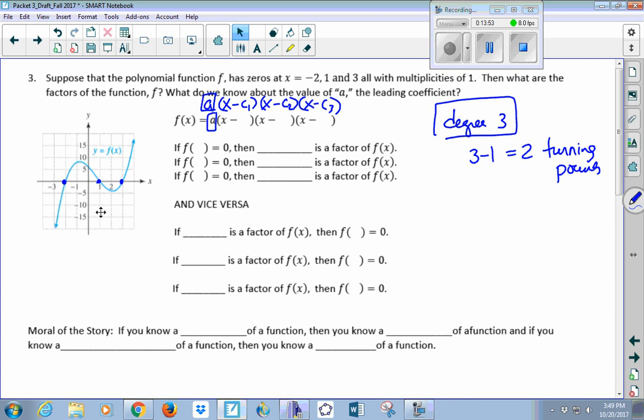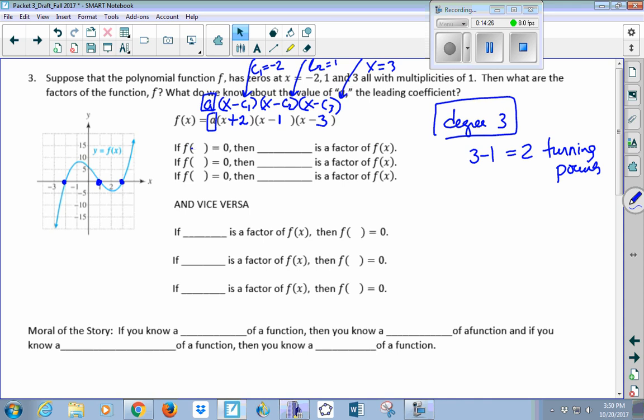So if I know that negative 2 is one of these values, it's a 0, c1 here is negative 2, that's my first 0. x take away negative 2 becomes x plus 2. c2 is my next 0, c2 is 1, so x take away 1 is my next factor, and then finally c3 is the value x equals 3, x take away 3.